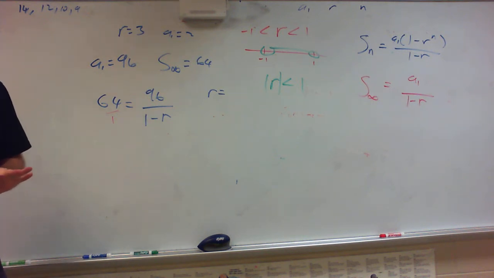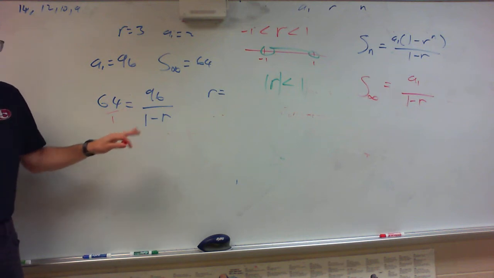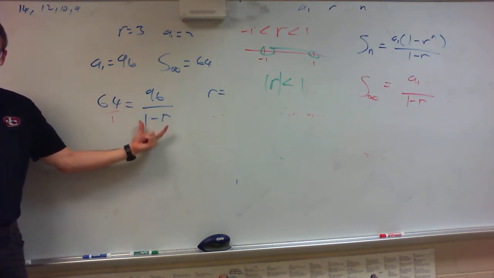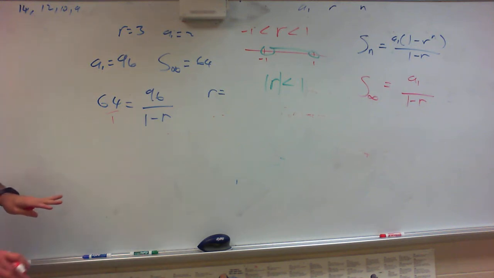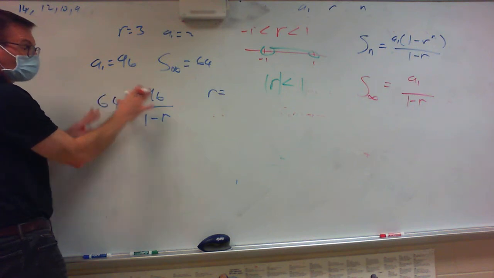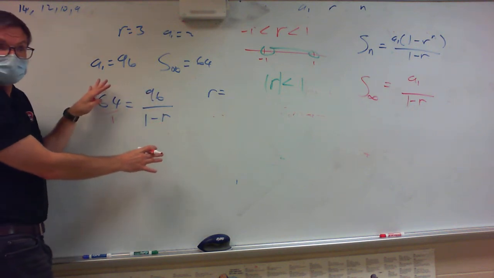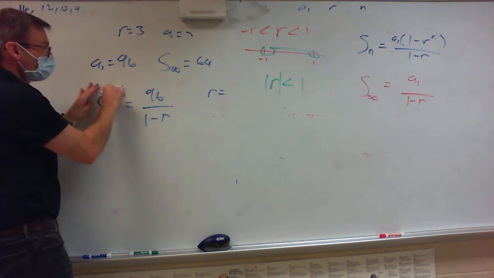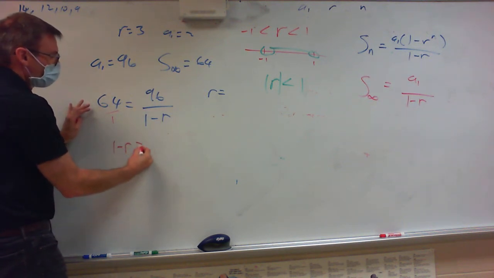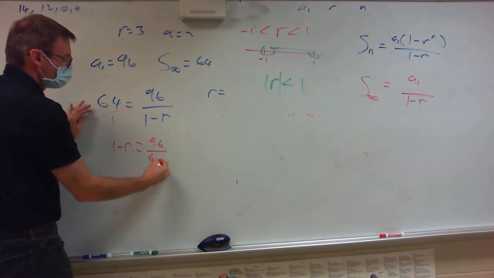My trick for this is anytime you have a number equal to a fraction and the variable on the bottom, I've got a real technical term for this. I call it that swappy thing. You can take this, put it here, and take this and put it here. And so I end up with 1 minus r is equal to 96 over 64.